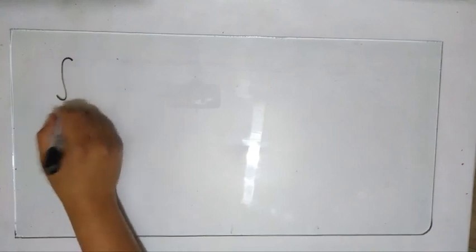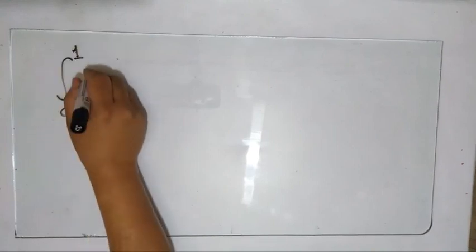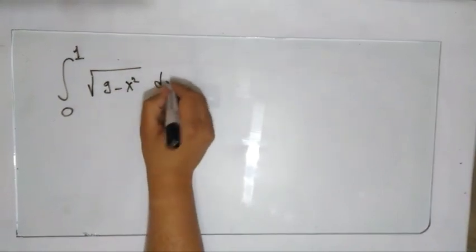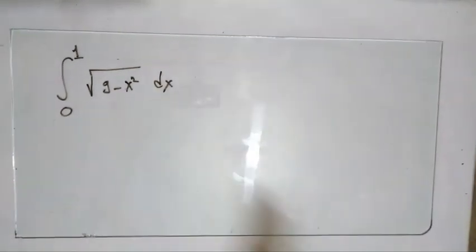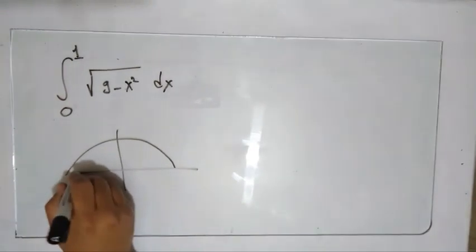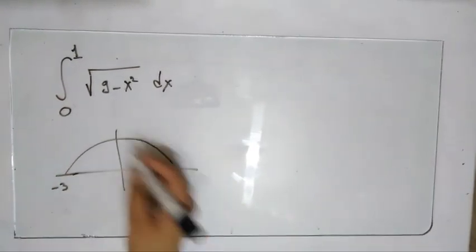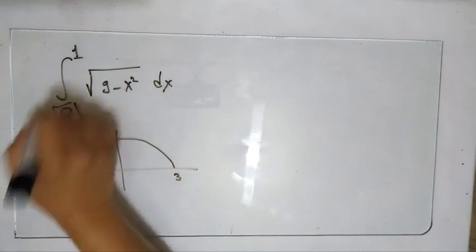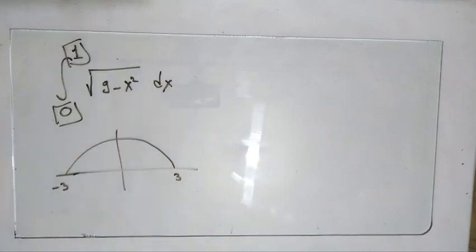What if I ask you to calculate this integral from 0 to 1 of the square root of 9 minus x squared dx? Maybe you say, yes, again, this is the equation of a semicircle. If you graph it, you will have something like that. This is a semicircle with radius 3, but here we're talking about the area from 0 to 1.